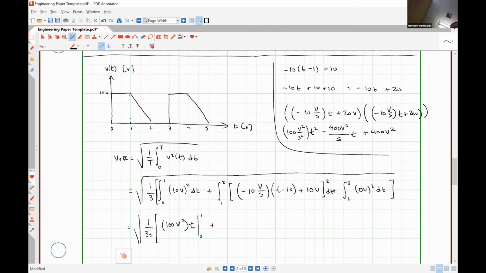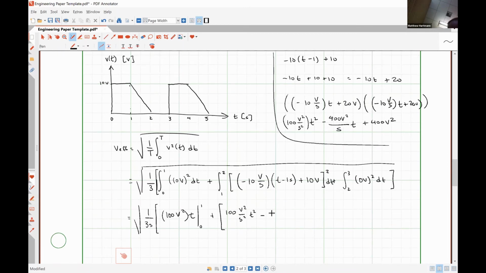Okay, so that looks okay to me. And this is going to be evaluated at 2 and 1. And then my last bit is obviously plus 0.